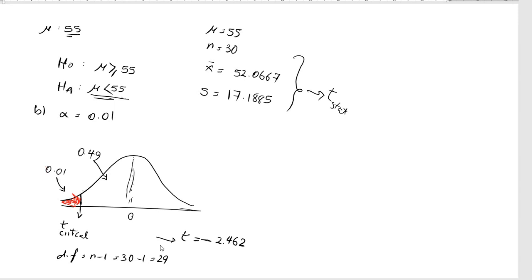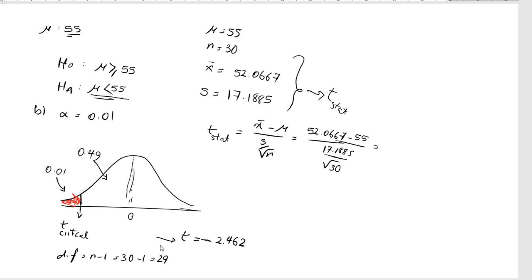Okay, now I have the t critical value. Can I find t stat? The t stat formula is equal to x bar minus mu over s over square root of n. X bar, you got from your calculator, 52.0667 minus 55 over 17.1885 over square root of 30.